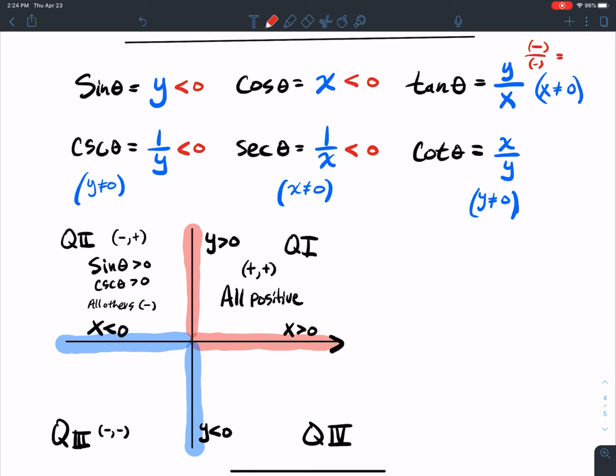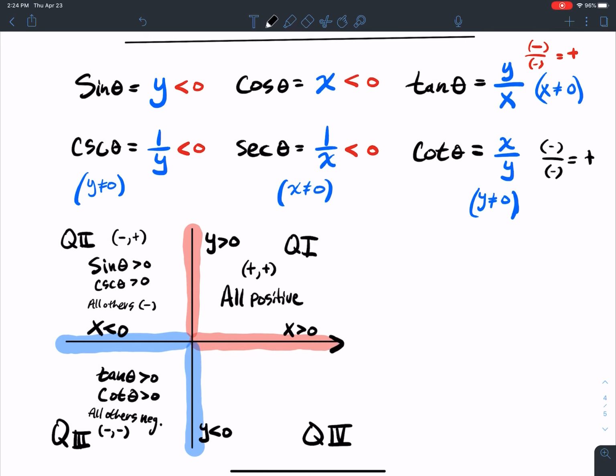I get a positive, don't I? So down here, the tangent of theta is greater than 0, and also a negative divided by a negative here is a positive again. So the cotangent of theta is greater than 0. Okay? All others negative.